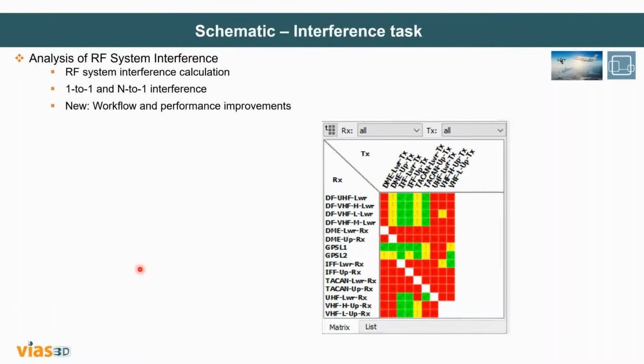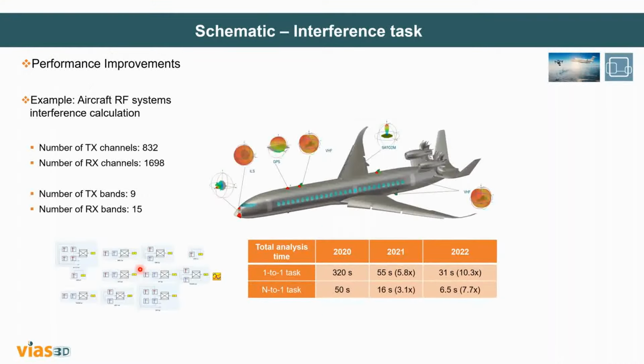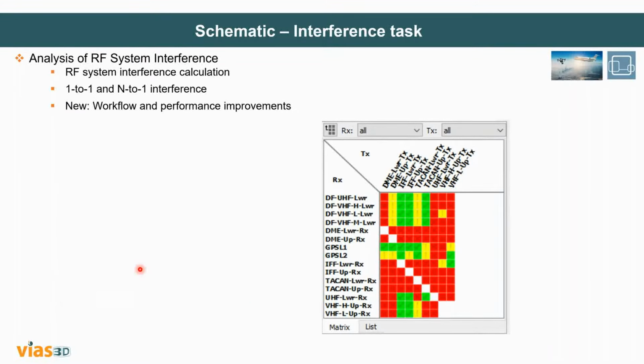With this interference task, the new things that have been introduced are that one-to-one and N-to-one interference, which was already there, but the whole workflow and performance have been improved. If we see the comparison, there is a time improvement which has been achieved, and the whole GUI has been changed.